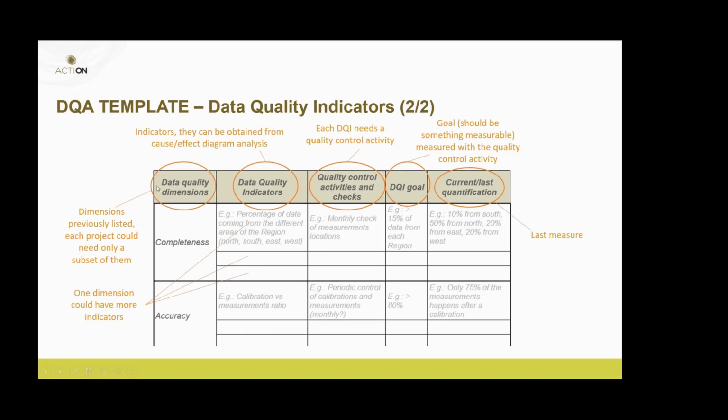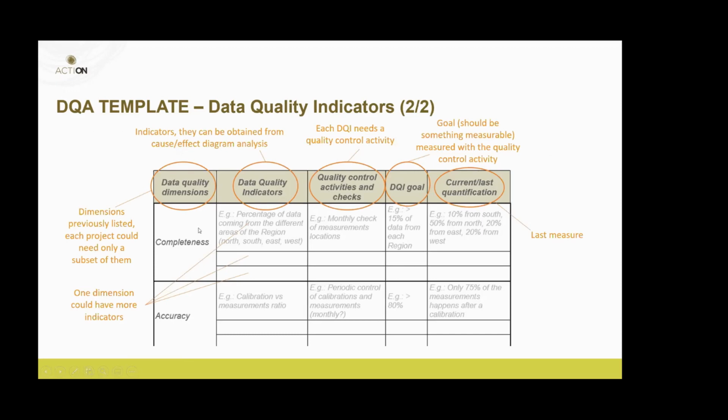The first column is a list of dimensions. These are the dimensions I previously presented, so completeness, accuracy, and then you will have all the dimensions listed here, the 5 most important, and also the others. And then for each dimension, you will think what is good and representative for your pilot. You can list a group of indicators.